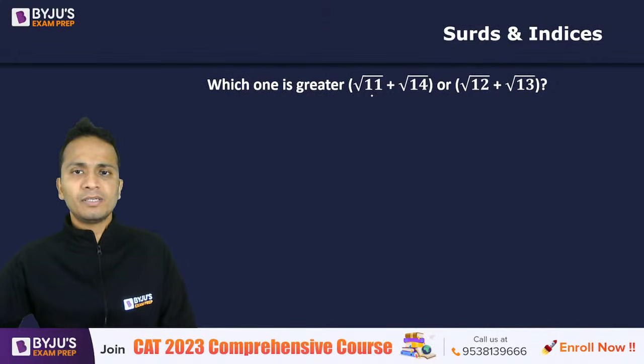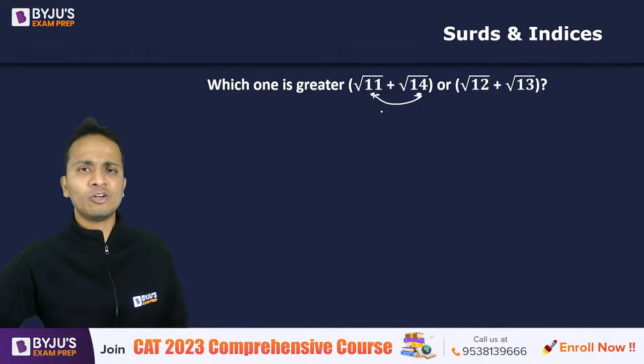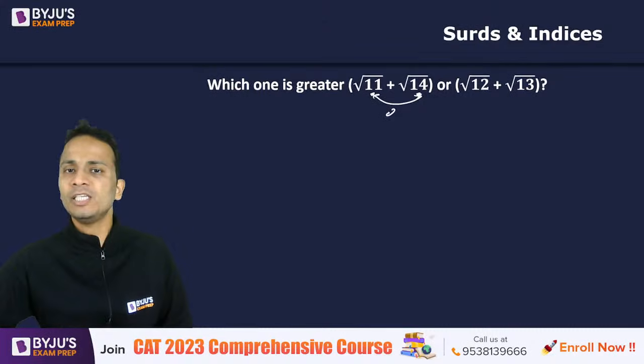For the first number, the values under the square root sign are 11 and 14. If you add these two numbers, obviously root 11 and root 14 directly cannot be added, but the sum of 11 and 14 is equal to 25. Similarly, the sum here is also equal to 25.